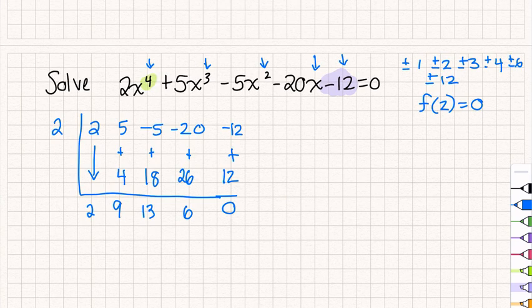Because our question is to the 4th degree, we are now going to write this equation to the 3rd degree. So we have 2x cubed plus 9x squared plus 13x plus 6 is equal to, we can call this h at x.